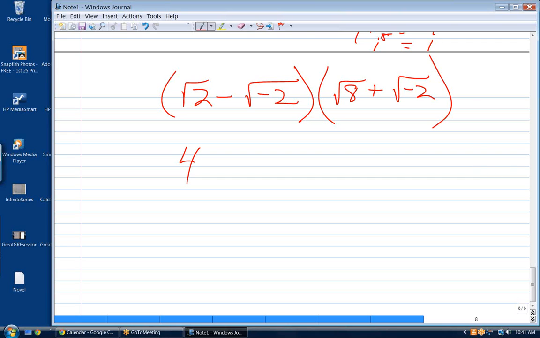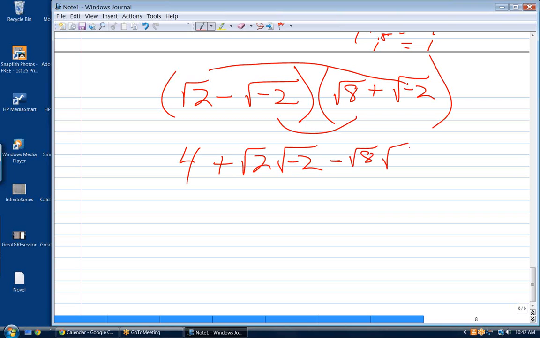Root 2 times negative root 2? Let's see. What are we doing next? The outside ones. So that is plus root 2 times negative that. And then we do the inside, and we have minus root 8 times negative 2.